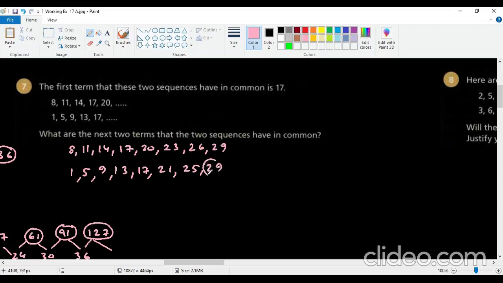So the number which is common in both the sequences is 29. And if you keep on adding 3 to these numbers and 4 to this, you will come up with 29 and 41 as the next two numbers which are common in both the sequences.